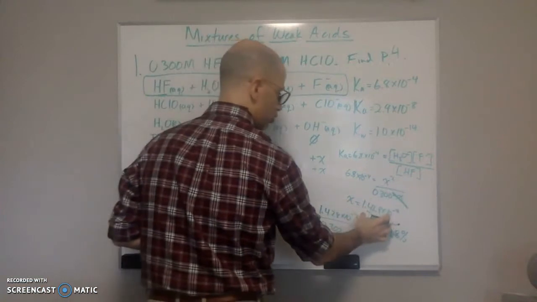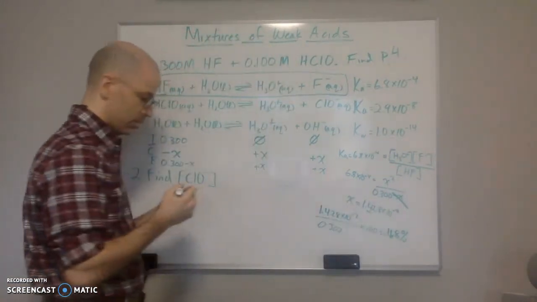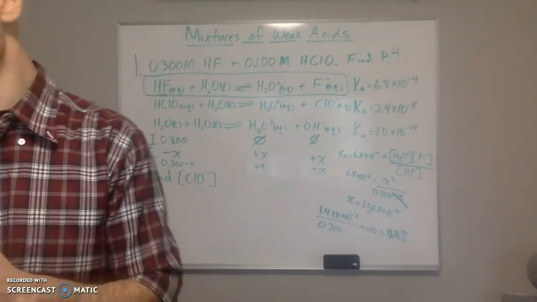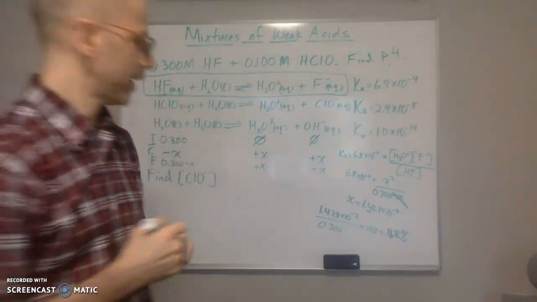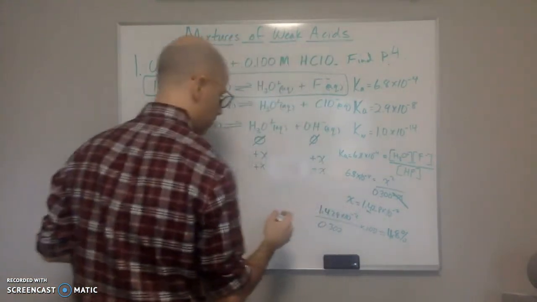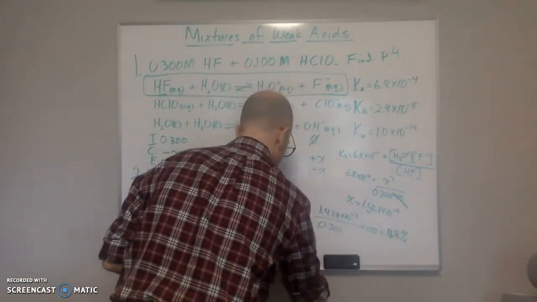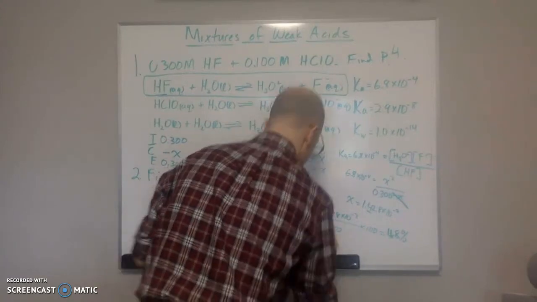So all we need to do is take the negative log of this. So the negative log of 1.428 times 10 to the negative 2 becomes 1.85. So the pH is equal to 1.85.